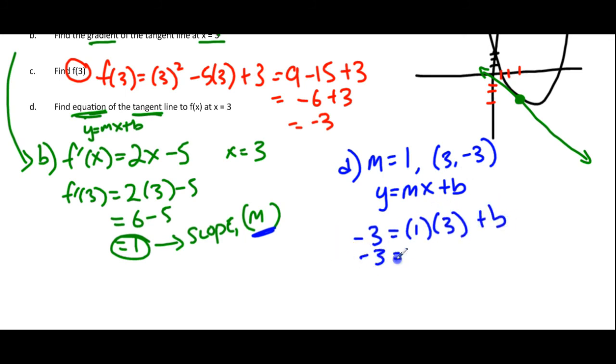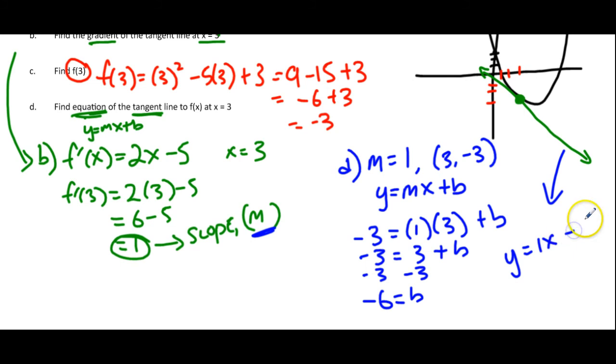So negative 3 equals 3 plus b, and subtracting 3 from both sides, negative 6 equals b. So our equation is y equals 1x minus 6. You don't have to put the 1, but I'm putting it so you know. This is the equation of the tangent line at x equals 3.